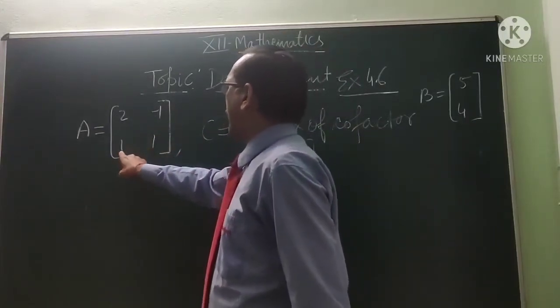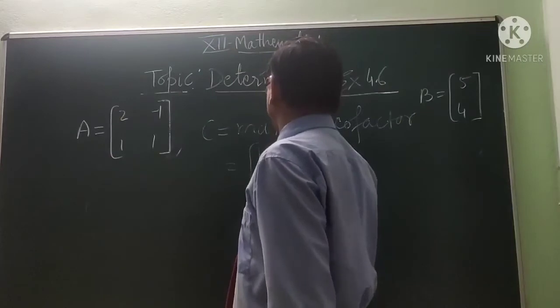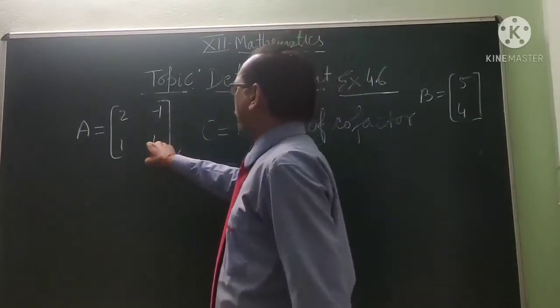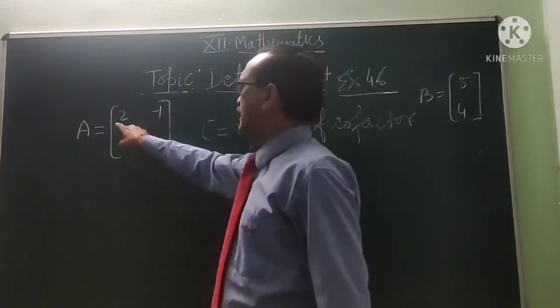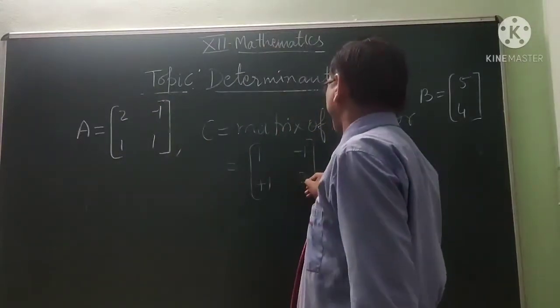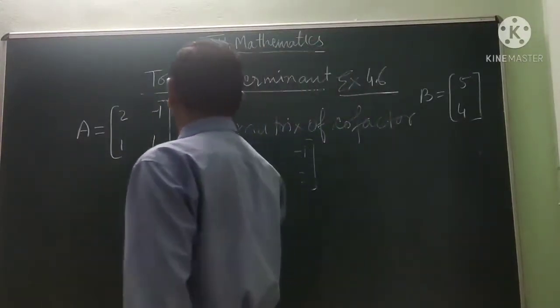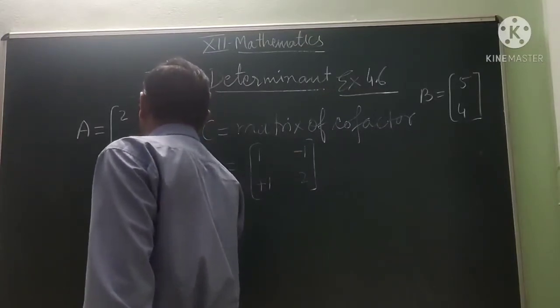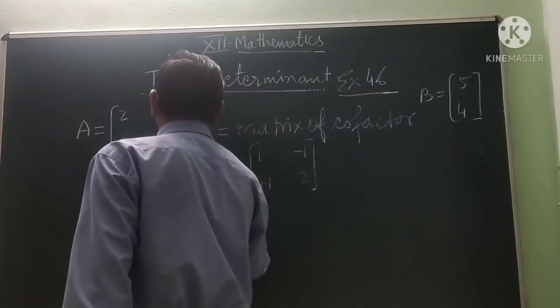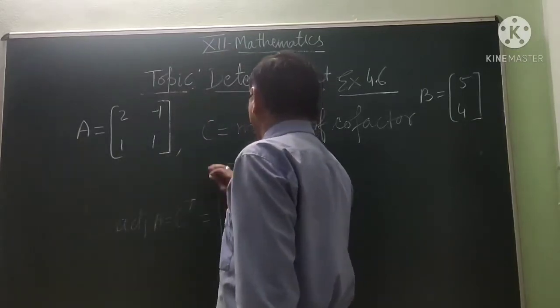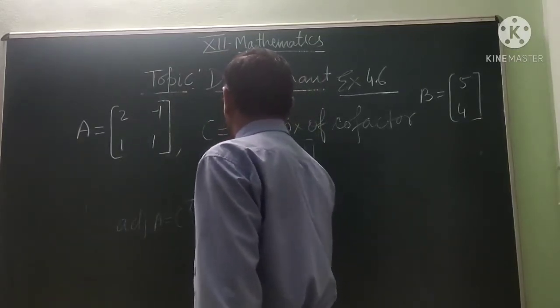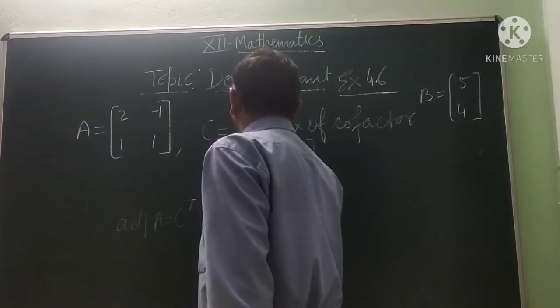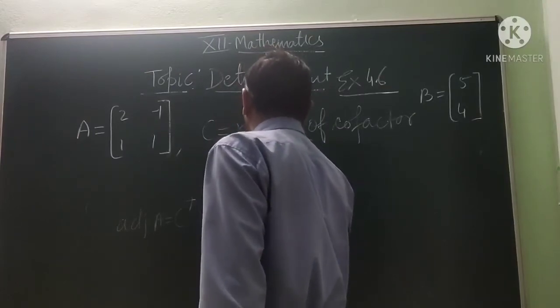The cofactor of 1 is plus 1. And the cofactor of this one is 2. Now we will find C transpose, which is equal to the adjoint of A. It is [1 1; -1 2].